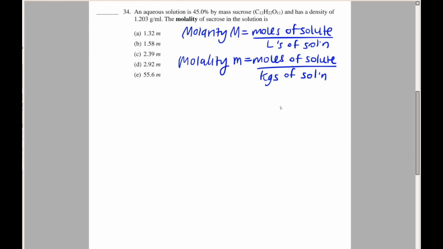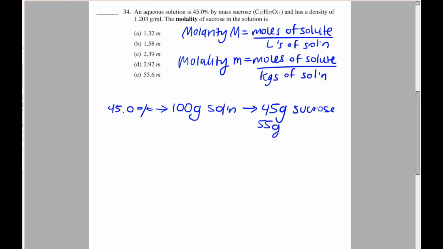But in this case, we're dealing with a solution because we are told that this is an aqueous solution. And we are told that the aqueous solution is 45.0% by mass sucrose. That means that if we take a 100 gram solution, we have 45 grams of sucrose, and 100 minus 45 is 55 grams of solution.